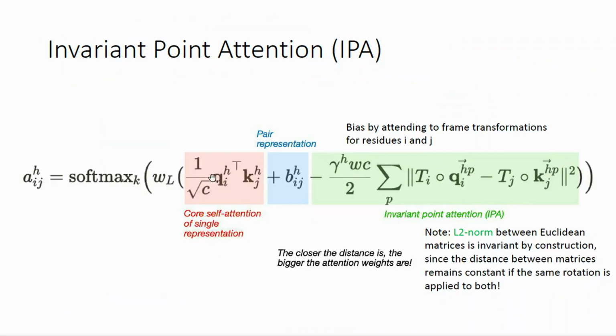So again, the normal attention between pair and single representation is invariant by nature. And the key takeaway here is by doing this update for 2 frames. So this is the global translation and rotation of I's frame, and this is J's frame.